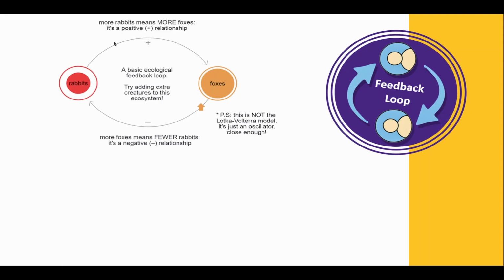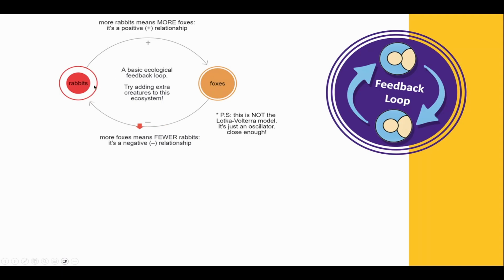And then we have a positive feedback loop on top and a negative feedback loop in the bottom, meaning that the relationship between fox and rabbits, or the impact of fox population changes on rabbits, is inverse. That's why this is a negative feedback loop. And the impact of rabbit population changes on foxes is direct. That's why this one is shown in positive.